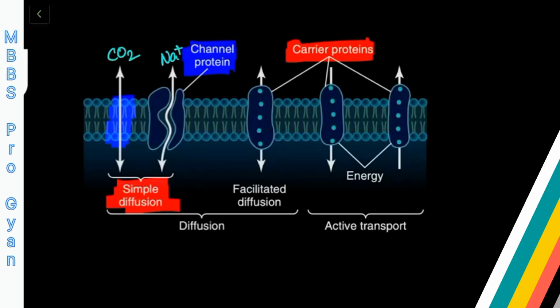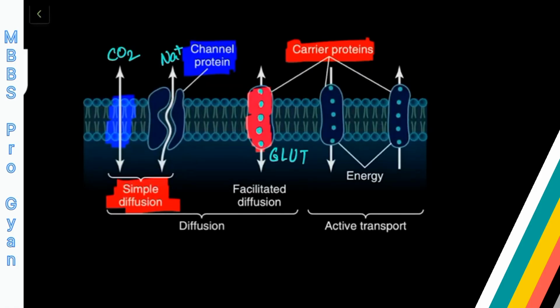I told you already repeatedly that it may be required for diffusion also, that is facilitated diffusion, not the simple one, or it may be required for active transport. See here, this is a carrier protein which is attached to the substance to be transported, and it is transporting the substance from one side to the other.